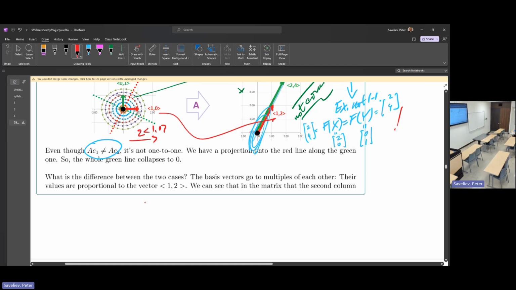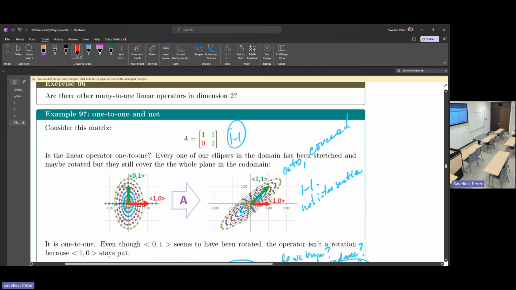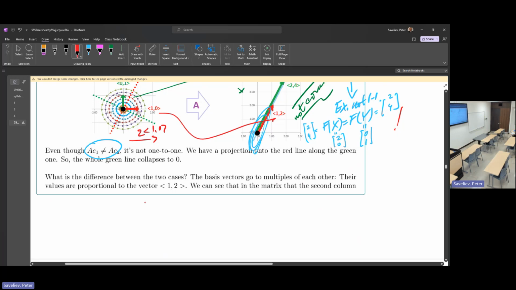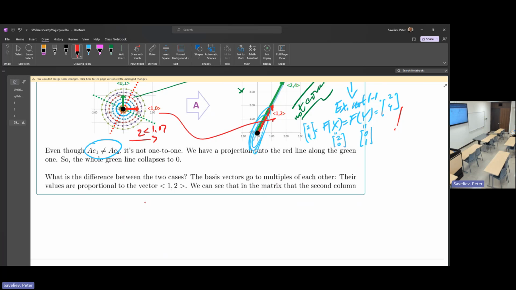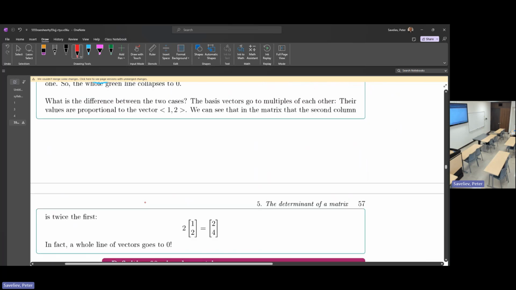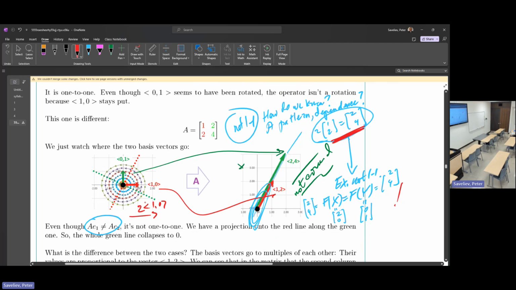So basis vectors, the difference between the two cases. This one is one-to-one. This one is not. The basis vectors go to multiples of each other. The values are proportional to the vector 1, 2, and that's what we have here. And as I pointed out, the whole line of vectors, you can now look at it, and that's the analysis that we're after.